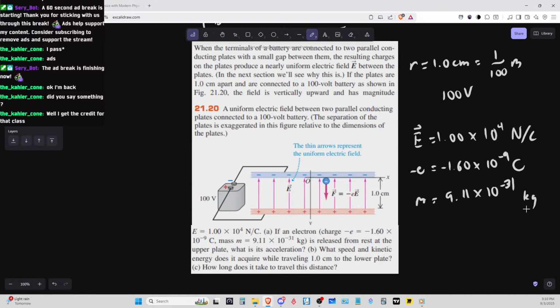This is a very intricate question. B, what are the speed and the kinetic energy it acquires while traveling 1.0 centimeters to the lower plate? How long does it take to travel this distance? This one's a doozy. At least with the diagram, we don't have to draw the picture.